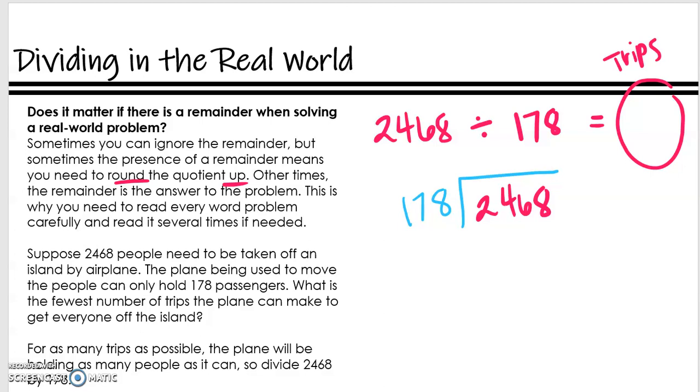I'm going to kind of come up here. 200 people times what? Okay, think about times 12. 2400. So let's start there. Okay, let's try 178 times 12.